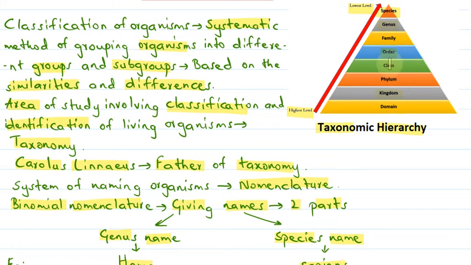Under the order, lion, tiger, cat and wolf came under the same order Carnivora. In family, lion, tiger and cat came under the same family Felidae. Under the genus, tiger and lion belong to the same genus Panthera. And in species, we took the example of all the cats that belonged to the same species Catus. So this is about the hierarchy of classification.